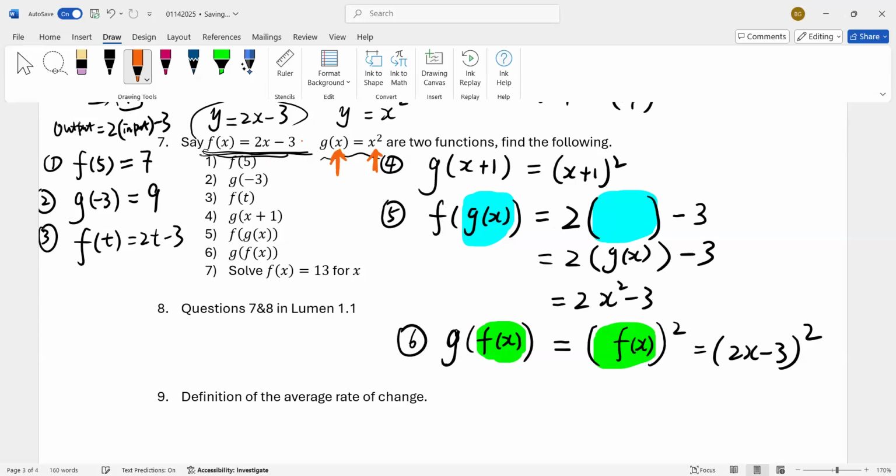Okay, the last one is about function f. When you solve f of x equals 13 for x. So earlier, in those parts of the problem, we are given the input and we are looking for the corresponding output, right? Here is different. Here, number 7, we are given the output.